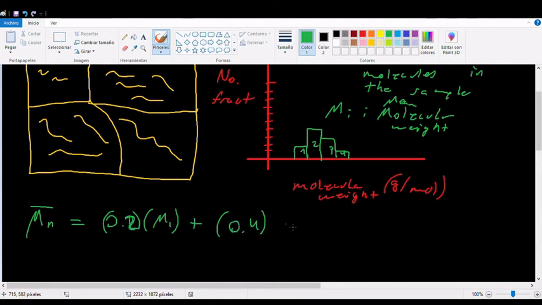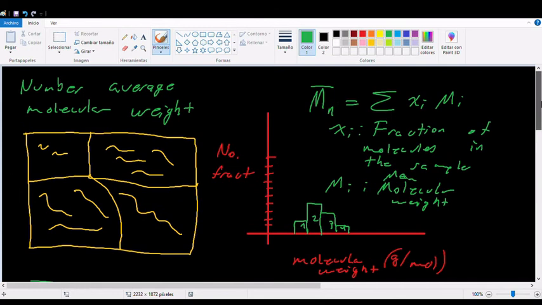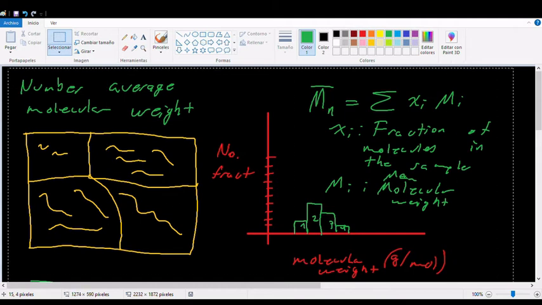This is 0.4 m sub 2 plus 0.3 m sub 3 plus 0.1 m sub 4, and we would get this number. So that's one method, but there's another one.